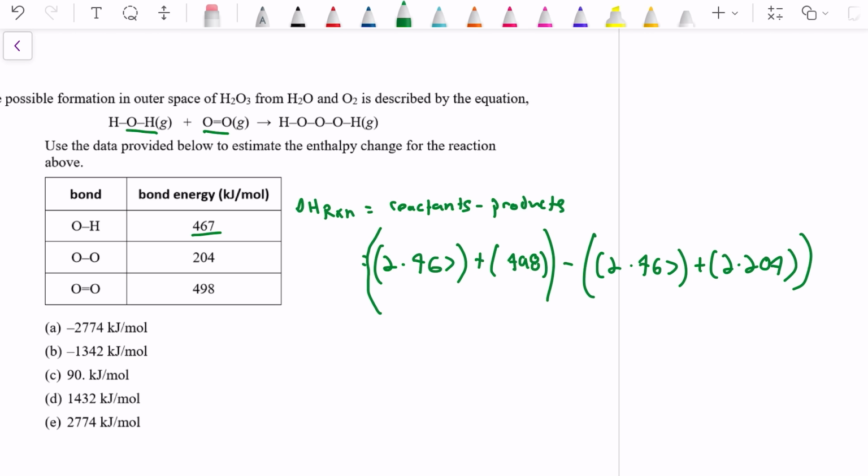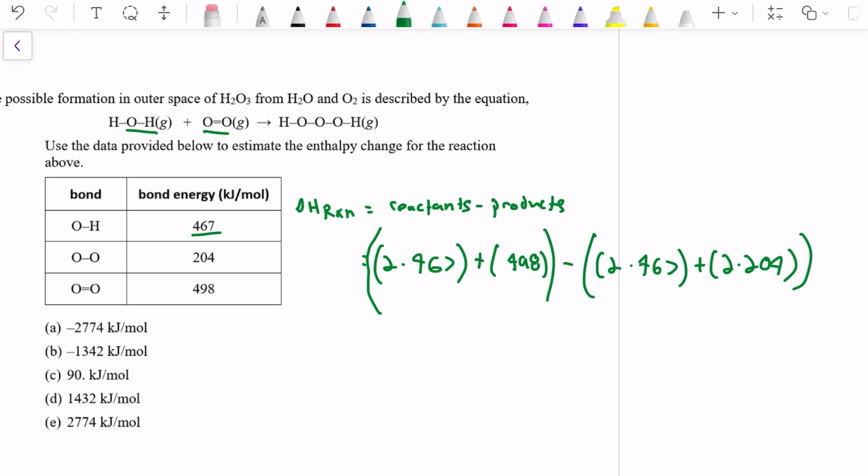All right, throw this in the calculator. 2 times 467 plus 498. For my reactants, I got 1,432. Let's do products now. 2 times 467 plus 2 times 204. For my products, I got 1342.